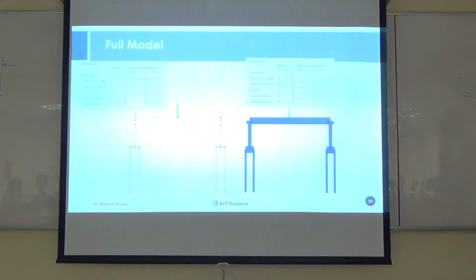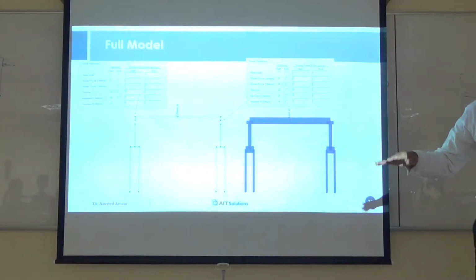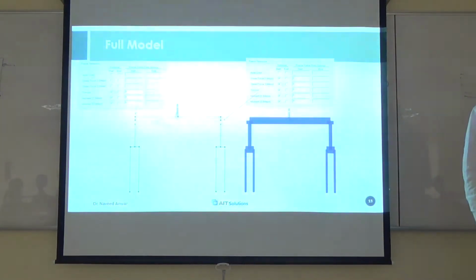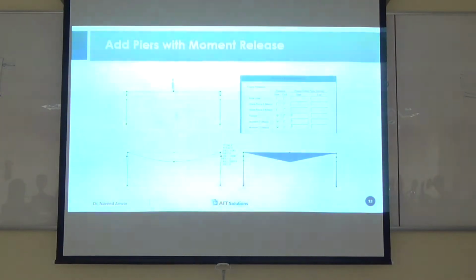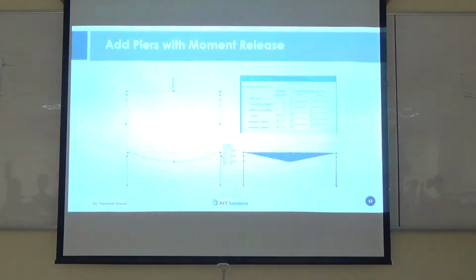And now we go further, we create a full model. We go down to the pile, we come to the footing, and we say, okay, the whole thing. Why not we just model everything and not the pier? Because below the pier, in the previous example, we have used a fixed foundation, but the pile cap is not really fixed. It also can move.